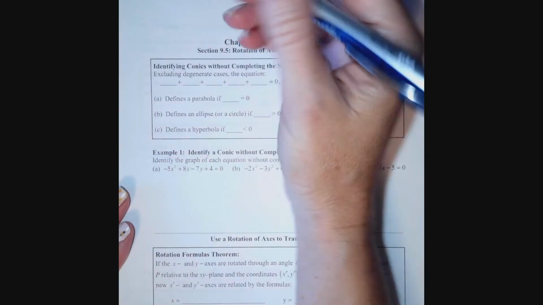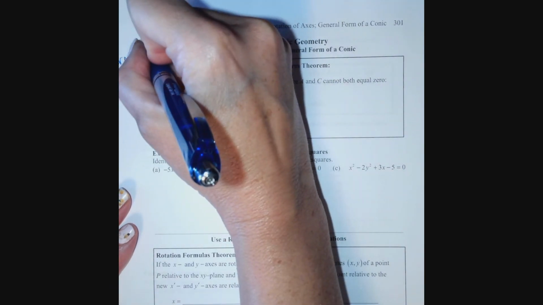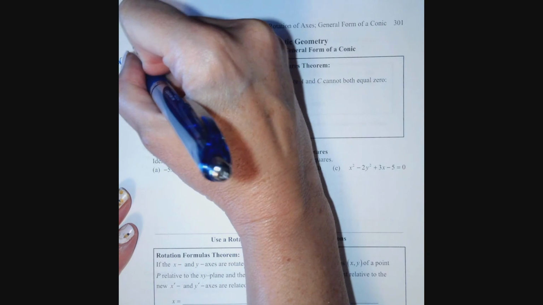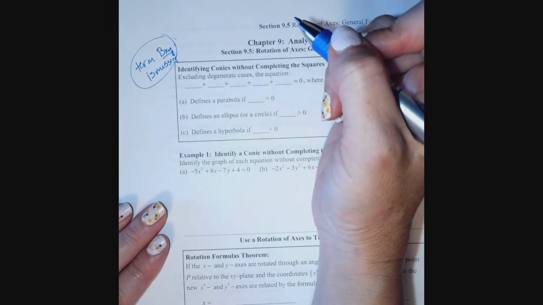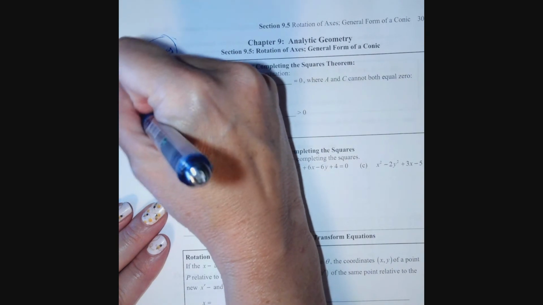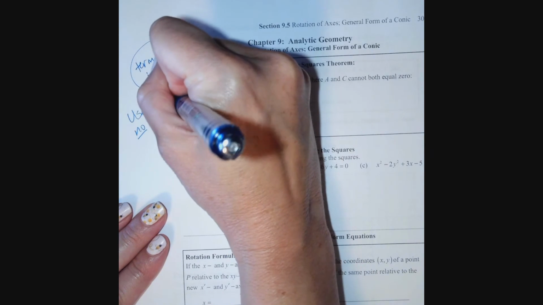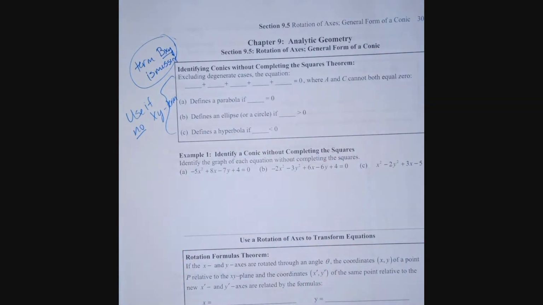So that means that my term bxy is missing. So I can use this if there is no xy term. The xy term is what we call the degenerate case.